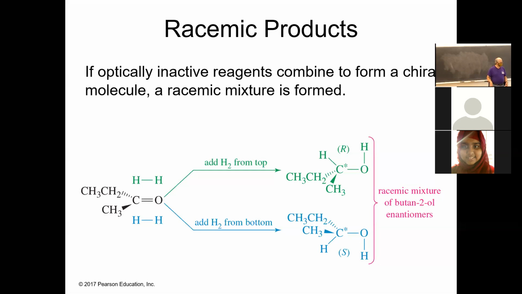Okay, this is a general principle of organic synthesis: if all of our starting materials are achiral, we cannot produce a chiral product mixture. So in this example, we're producing a new stereocenter, but we obtain both of these in equal amounts, so it's a racemic mixture, so it's optically inactive.